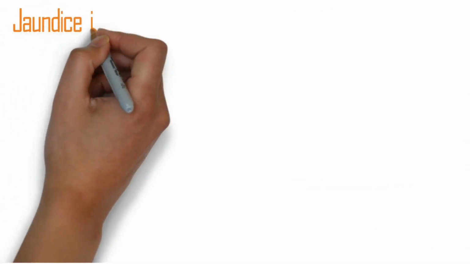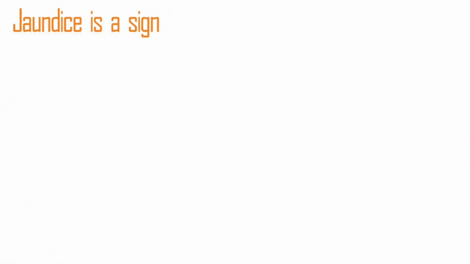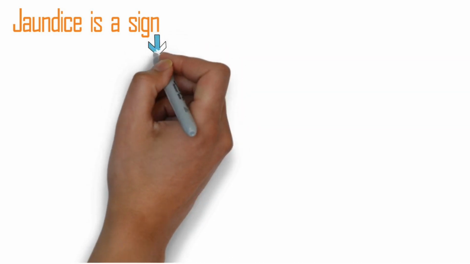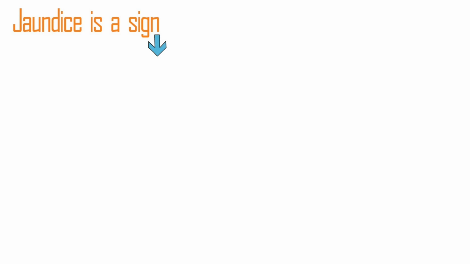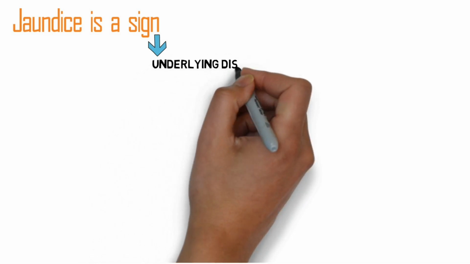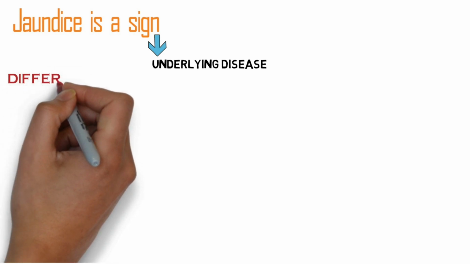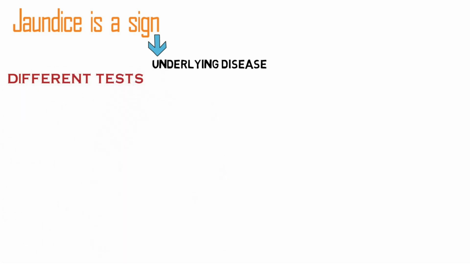We know that jaundice is a sign. So, if a patient comes with jaundice, it is very, very important as a physician or as a doctor to know about the underlying cause of it to treat it. So, what are the different tests which can be done to make a differential diagnosis of jaundice?